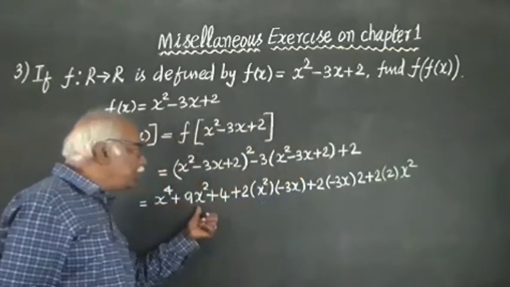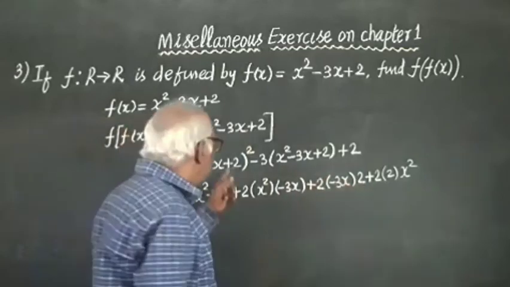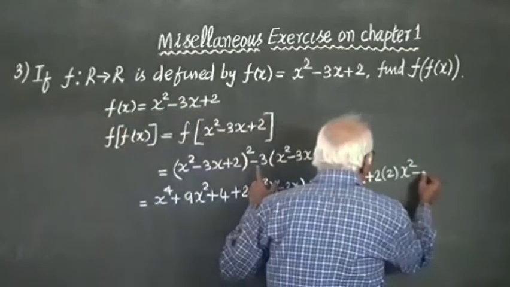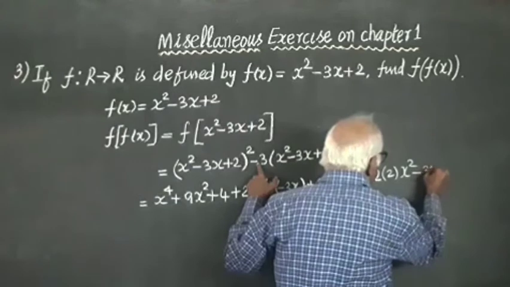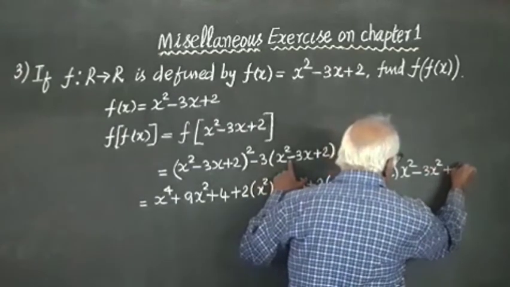Using a square plus b square plus c square plus 2ab plus 2bc plus 2ca, minus 3x square plus 9x.